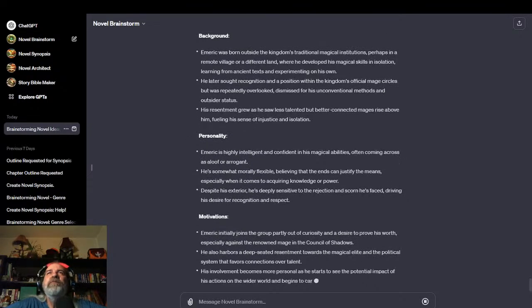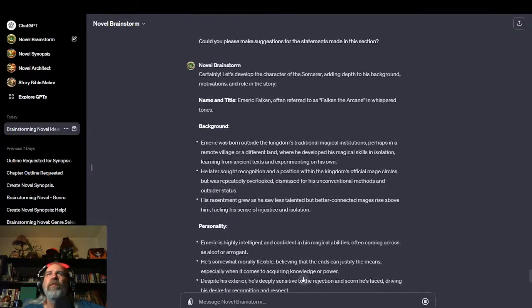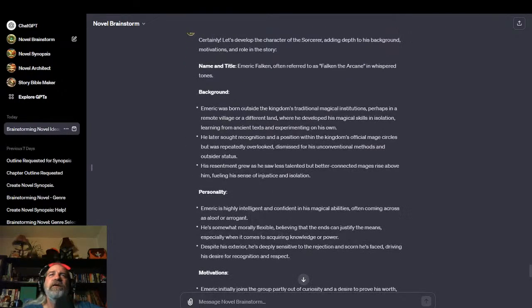Born outside the kingdom's traditional magical institutions, perhaps in a remote village or a different land, where he developed his magical skills in isolation, learning from ancient texts and experimenting on his own. He later sought recognition and position within the kingdom's official magical circles, but was repeatedly overlooked, dismissed for his unconventional methods and outsider status. His resentment grew as he saw less talented but better connected mages rise above him, feeling his sense of injustice and isolation.